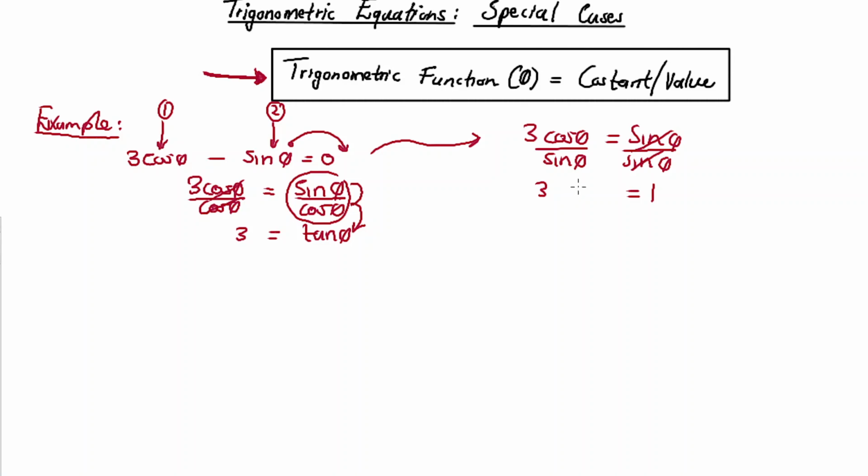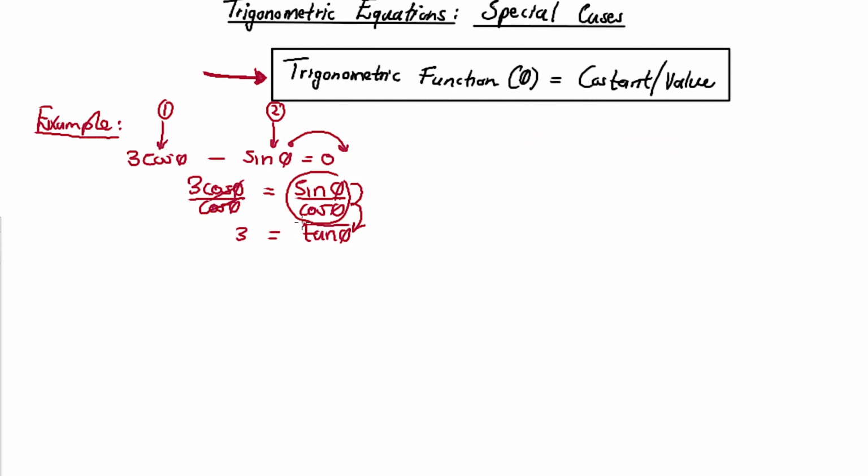There's nothing wrong with this. You're going to end up with a cot theta, but for level 3 we do not deal with the reciprocals of the trigonometric functions, your sine, cosine, and tan. Hence that is why I decided to go with dividing by cos on both sides of the equation.